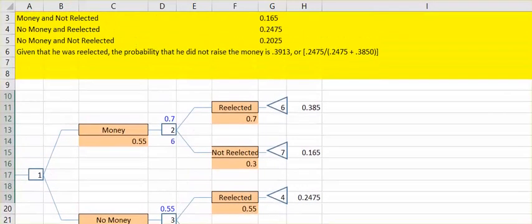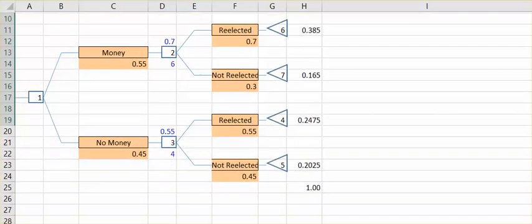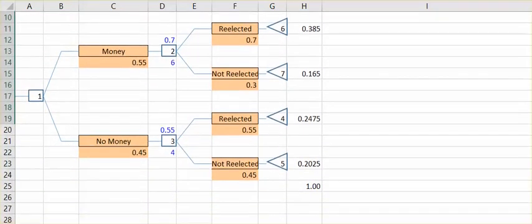What we have is that one possible outcome is that the money is raised and he is re-elected. What's the probability of that? 38.5%. Raise the money, not elected, is 16.5%. No money, re-elected, is 24.75%, and no money and not being elected is 20.25%.